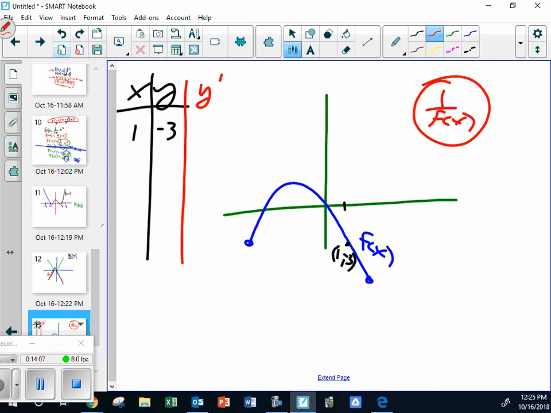It's going to be 1 over -3, or -1/3. So if I just want to know where that point right there is going to go, I can say it's going to be at 1, -1/3. That's like here. Well, that alone doesn't help me a ton.